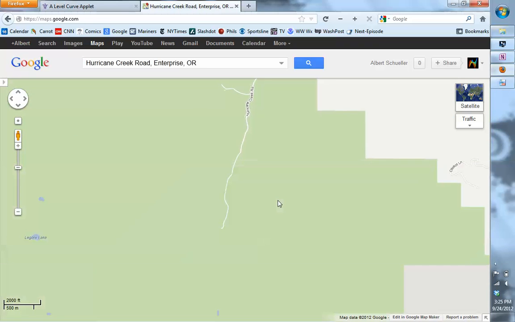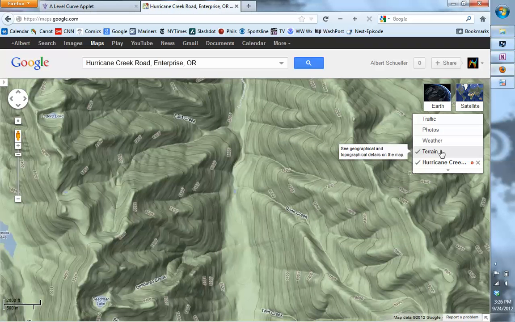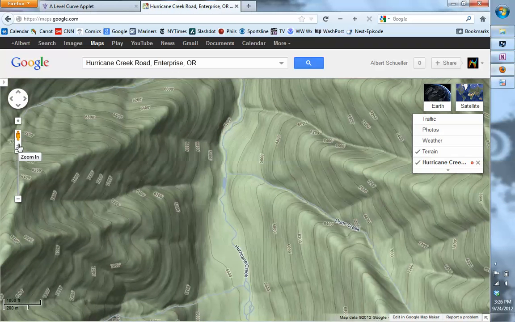If you go way out, I think that's the trailhead right there. It looks kind of boring, and then you fire up the topographical map. Come on, terrain, there we go. So there's the trailhead, and you hike up here. I don't know if you can see that real well. Let me zoom in a little bit.